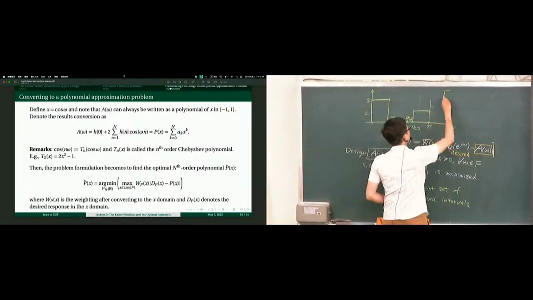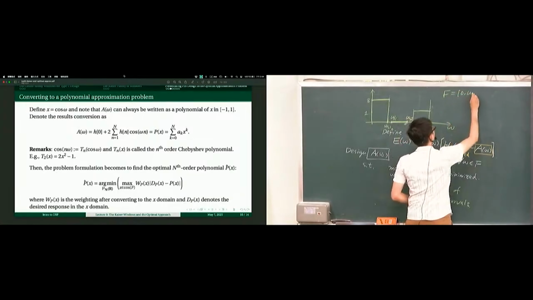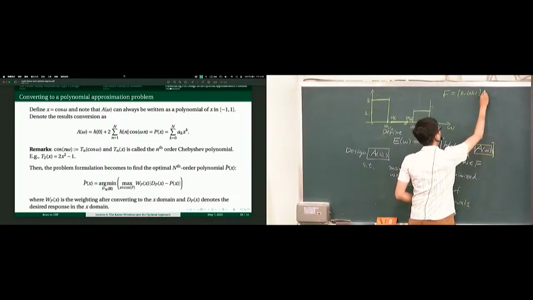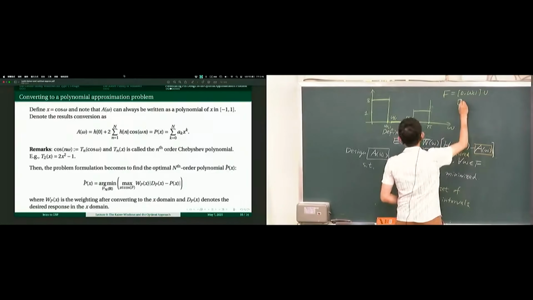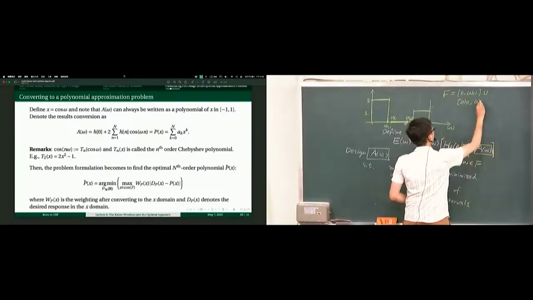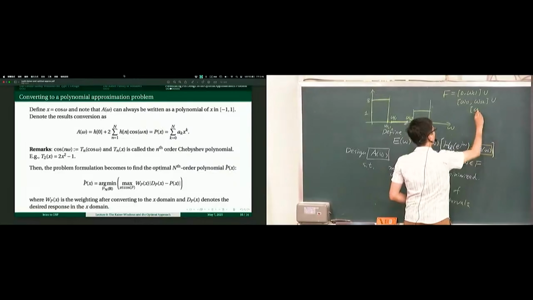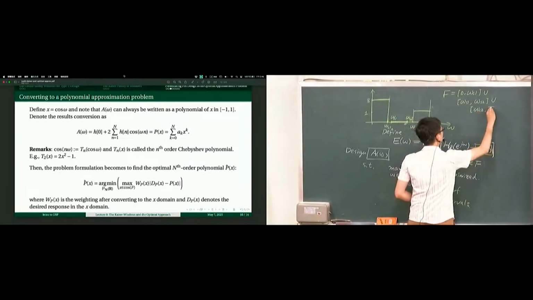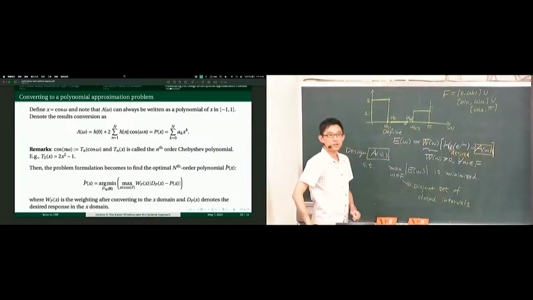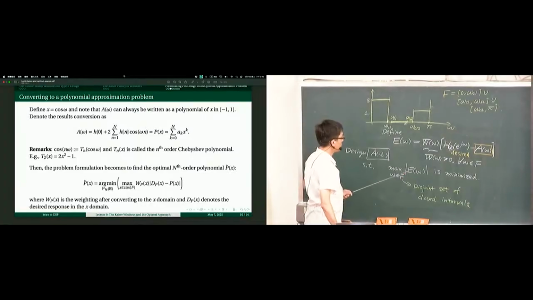First of all, F is a union of 0 to the edge frequency for low pass, union omega S1 to omega S2, that's a stop band, and the second pass band is located at high frequency. So F is a union of 3 intervals. And now we want to minimize the maximum approximation error.